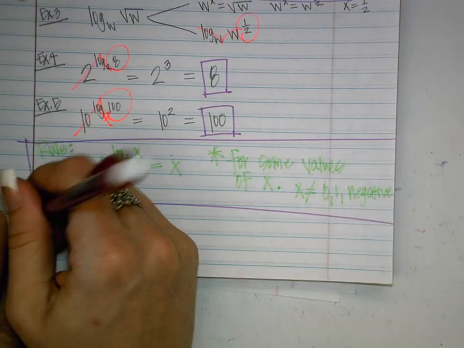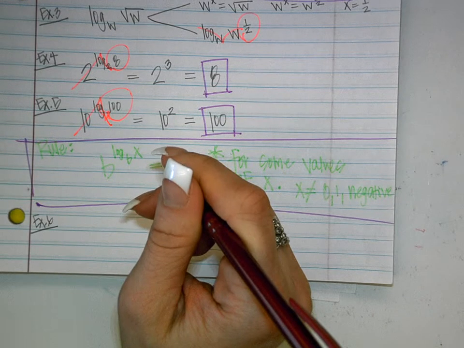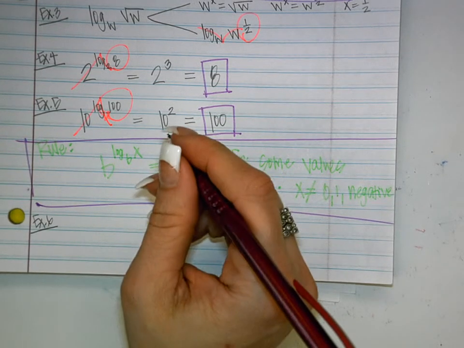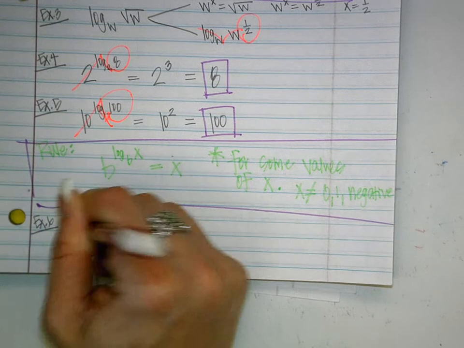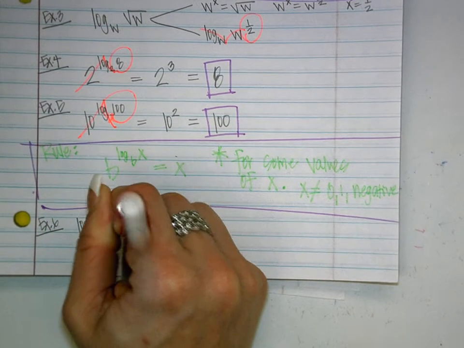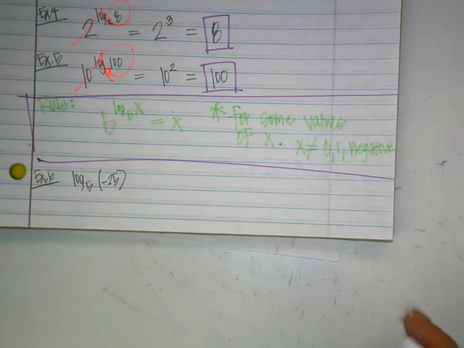Same thing here. I want you to simplify log base 5 of negative 25.